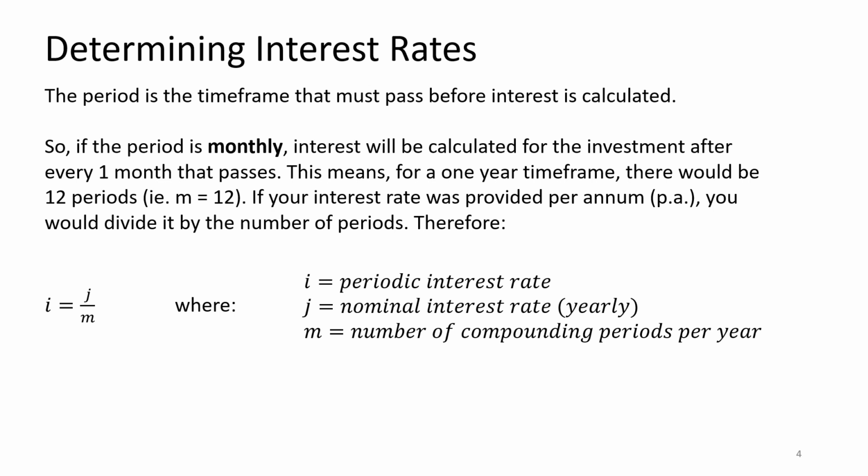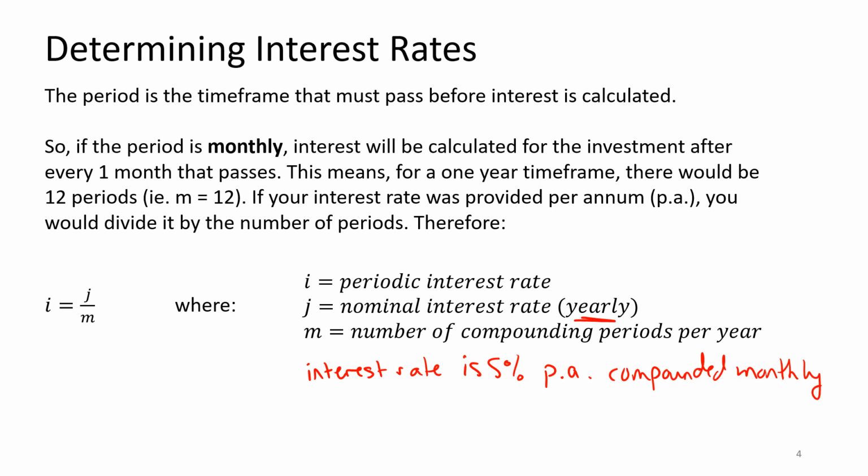So the actual formula uses what we call j, which is our nominal interest rate. In other words, the interest rate as yearly, divided by our number of compounding periods per year. So if your question was given as an interest rate of 5% per annum, compounded monthly, just as an example of how this is provided, your nominal interest rate, j, is 5%.